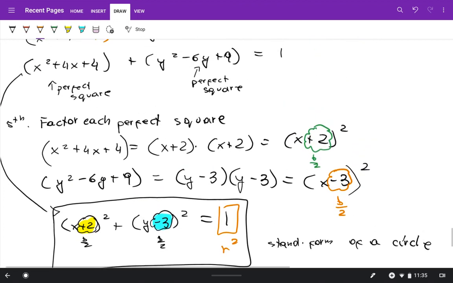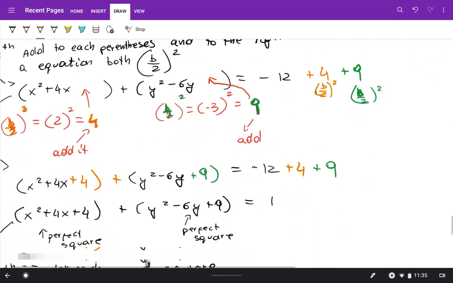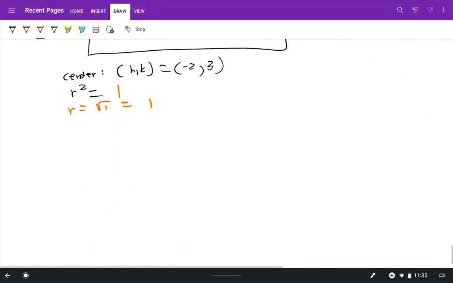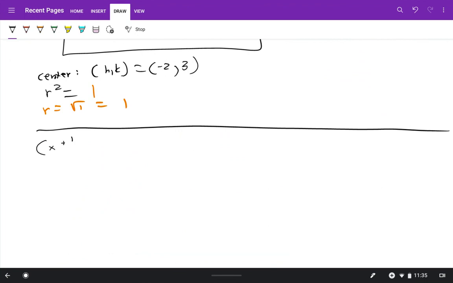So I gave you many steps for converting general form to standard form. I don't know if I can write this down in one equation because I don't want to make mistakes. So this is x after grouping plus b over 2 squared, plus y plus b over 2 squared, equals the coefficient plus b over 2 squared plus b over 2 squared, and that will eventually give you reduced squares.